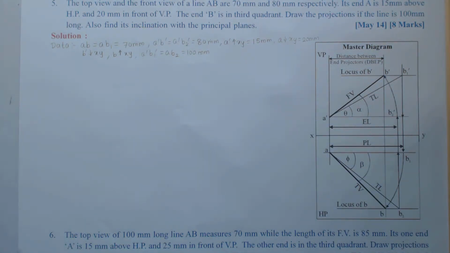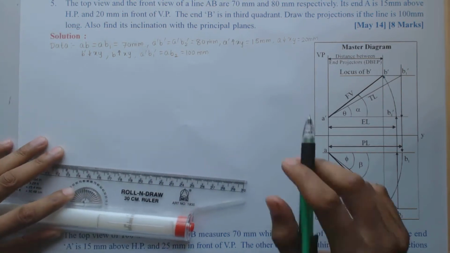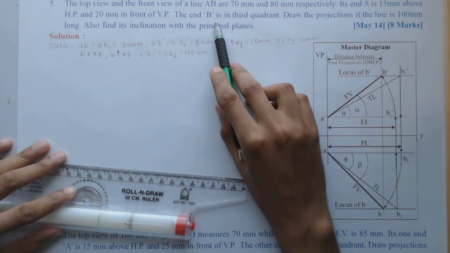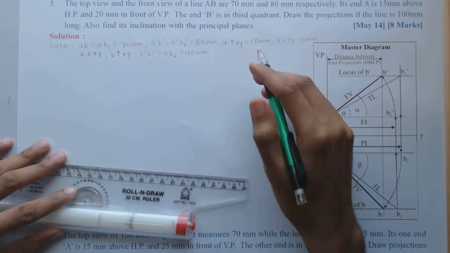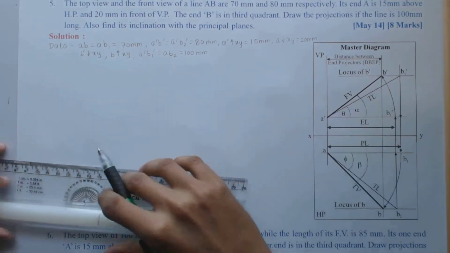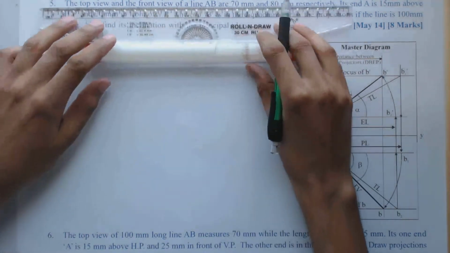Again, while deciding the space utilization, we know point B is in the third quadrant. So my solution will be both above XY as well as below XY. We'll start with the XY line.